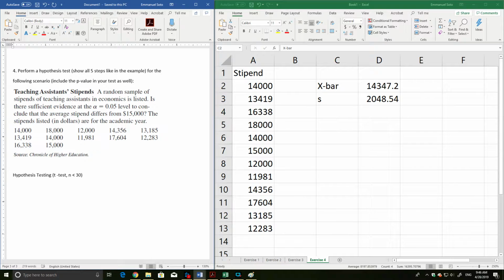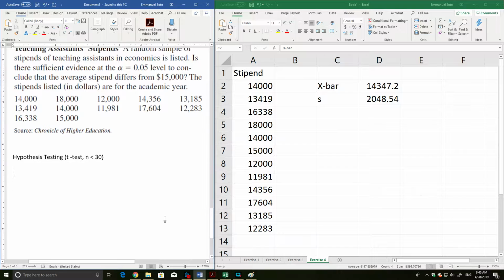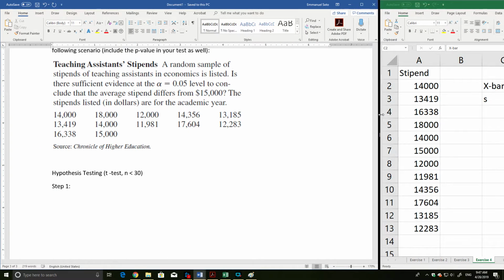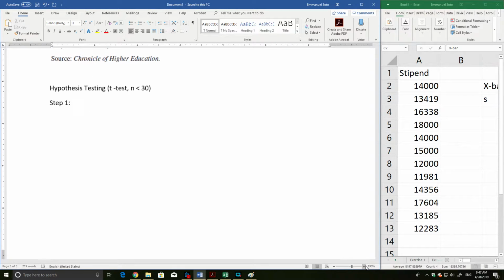Our sample size is 12. I'm going to temporarily make this larger so that we can focus on the work.